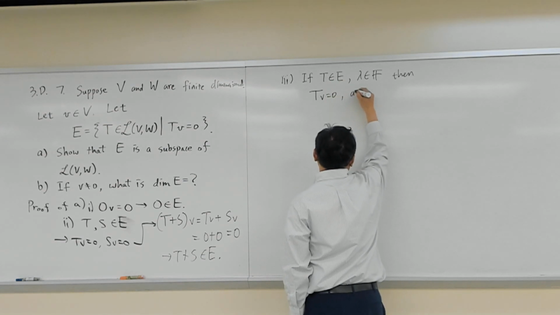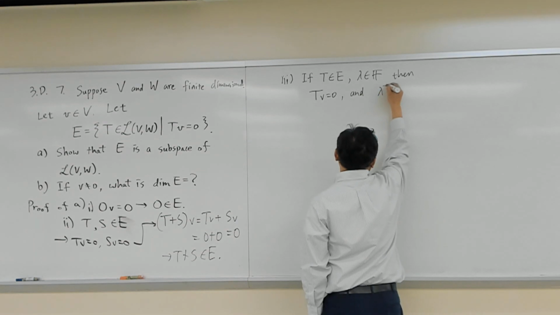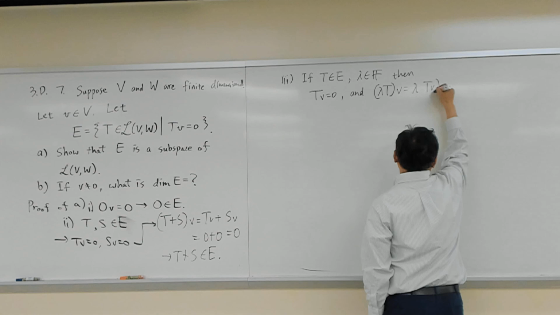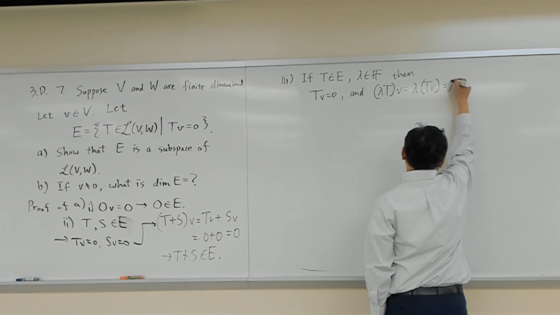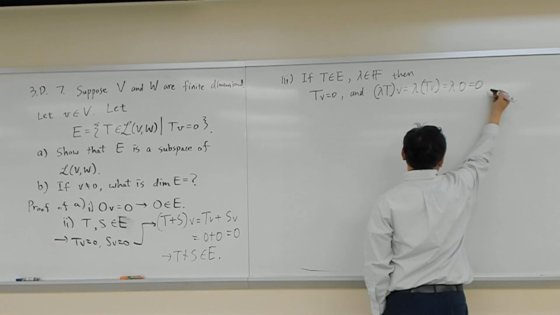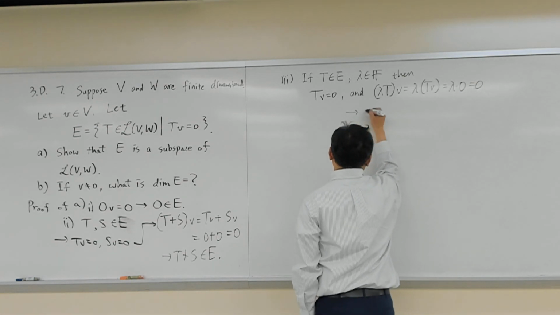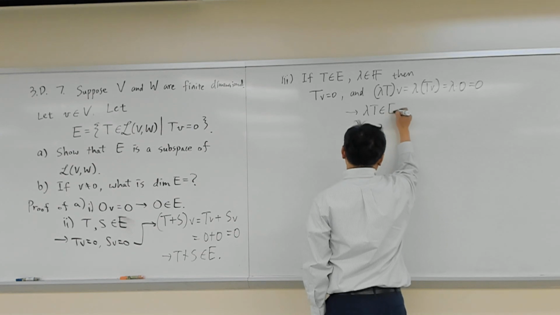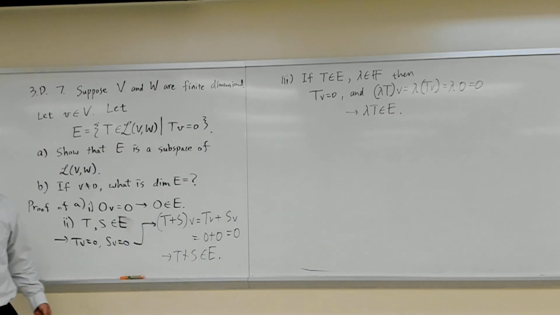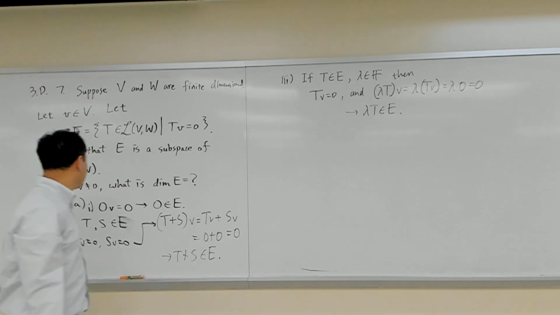And lambda T of v is, by definition, lambda times 0, and any scalar times 0 is 0. So lambda T is in E. We've shown that 0 is included in E, and E is closed under vector addition and scalar multiplication, so it's a subspace. So that part is done.